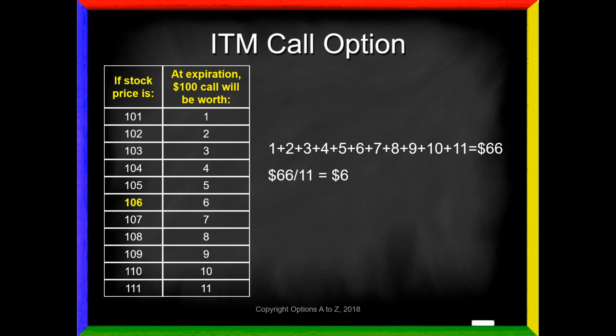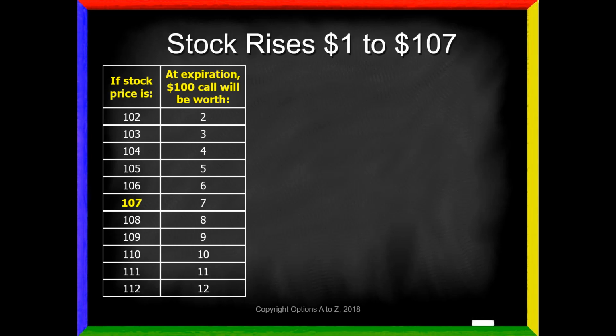So keep that $6 price in mind, and let's advance the stock price by 1. Now we assume the stock price rises $1 to 107. Look what happens. Now the lowest value that the option can be is 2. We've dropped off a 1 and we added a 12 on top. So now the option must be worth more money. If we add up the second column of potential option prices and divide by 11, we get 7.